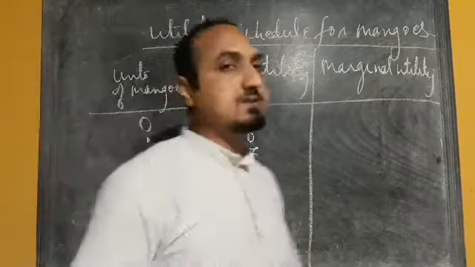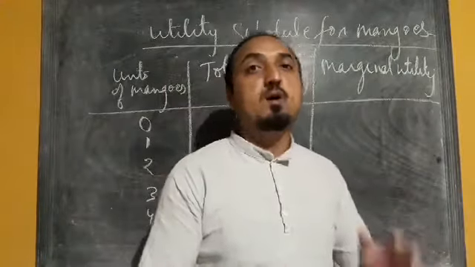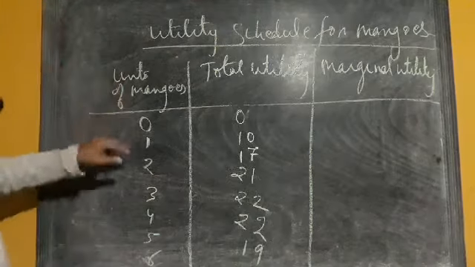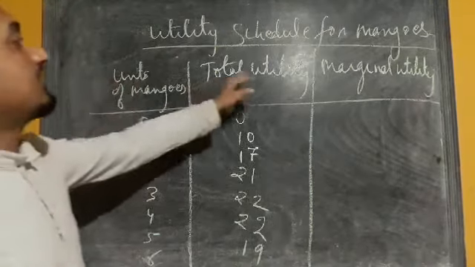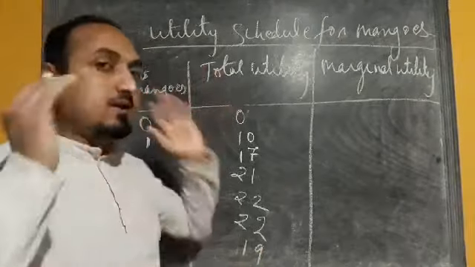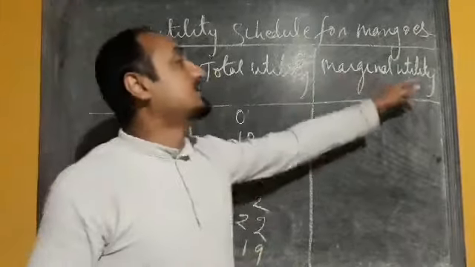Let's consider this is a hypothetical table of utility. We have mentioned the units of mangoes in the first column, and in the second column we have total utility. If these two pieces of information are given, we can easily find the marginal utility.